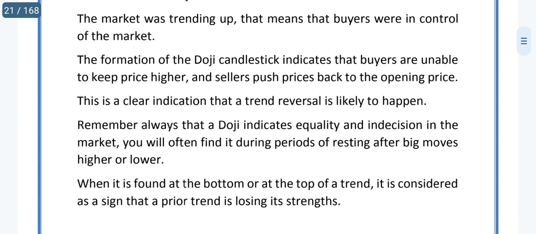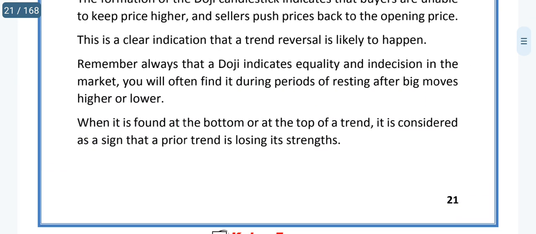Remember always that a doji candlestick pattern indicates equality and indecision in the market. You will often find it during periods of rest after big moves, whether higher or lower. When it is found at the bottom or at the top of a trend, it is considered a sign that the trend is losing its strength.